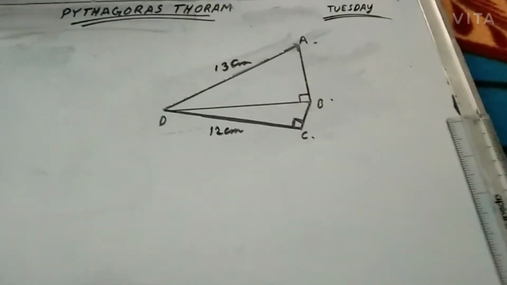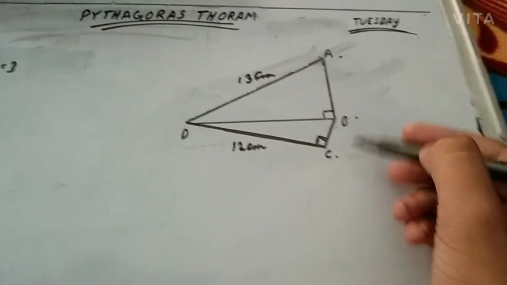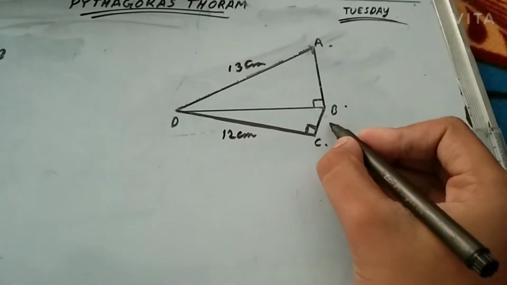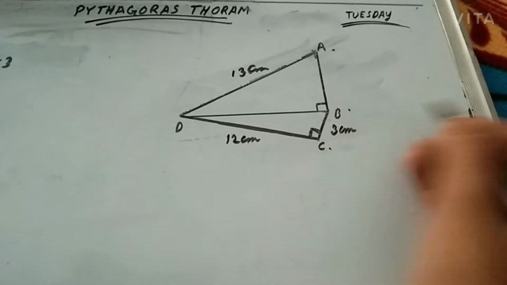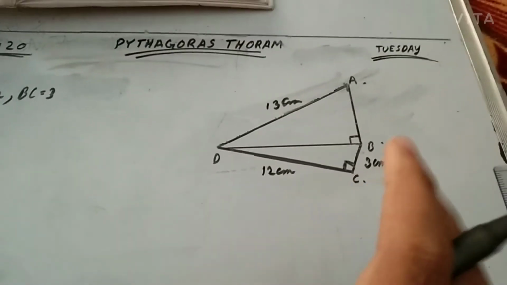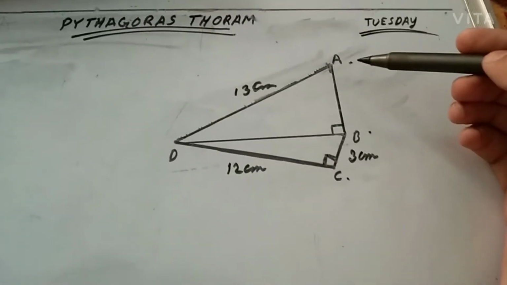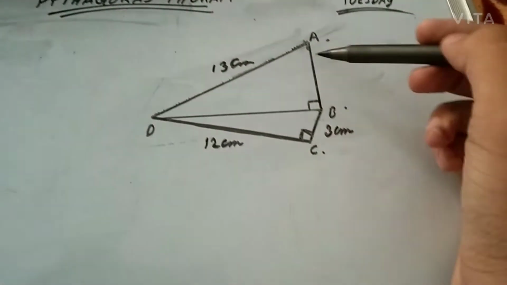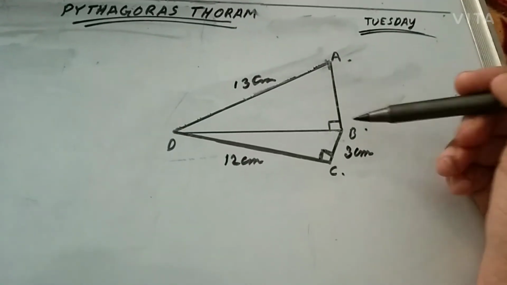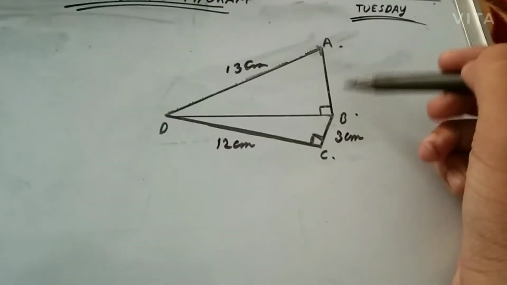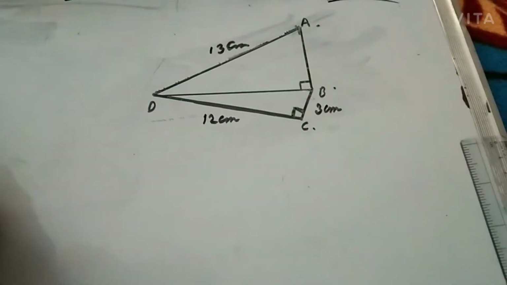And BC is 3 centimeters, and we have to find the length of AB, this line.